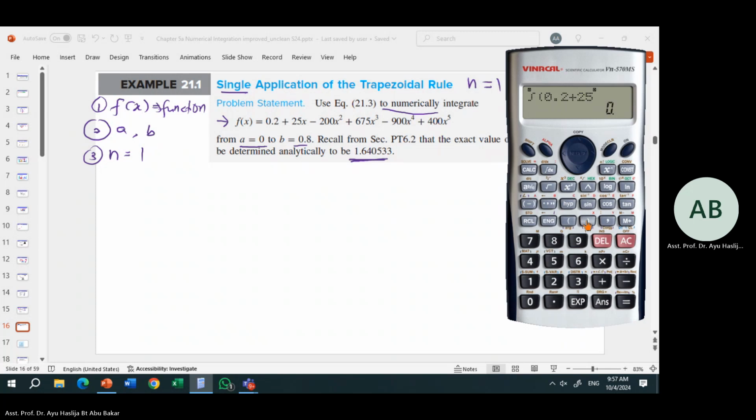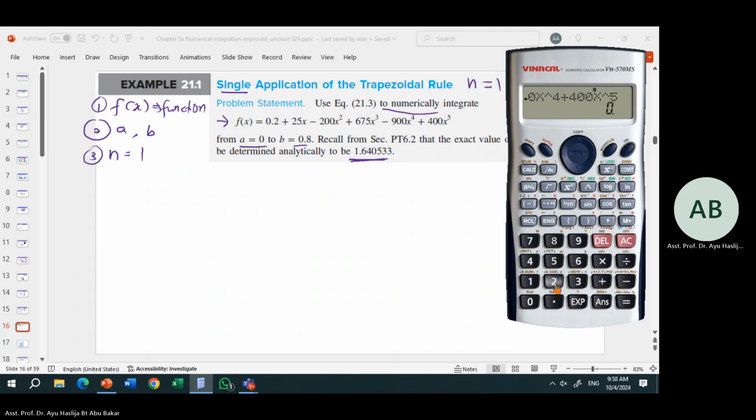X, alpha x, minus 200 alpha x power 2, plus 675 alpha x power 3, minus 900 alpha x power 4, plus 400 alpha x power 5.